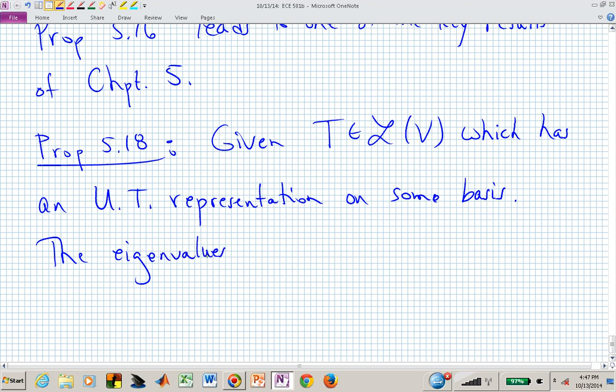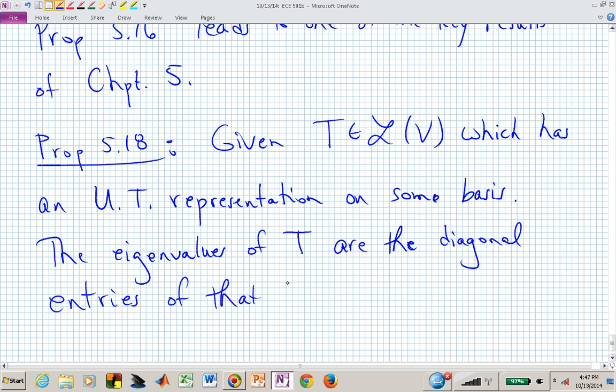Then we can actually say a little bit more about what those diagonal entries are. They're actually the eigenvalues. The eigenvalues of T are the diagonal entries of that upper triangular matrix.